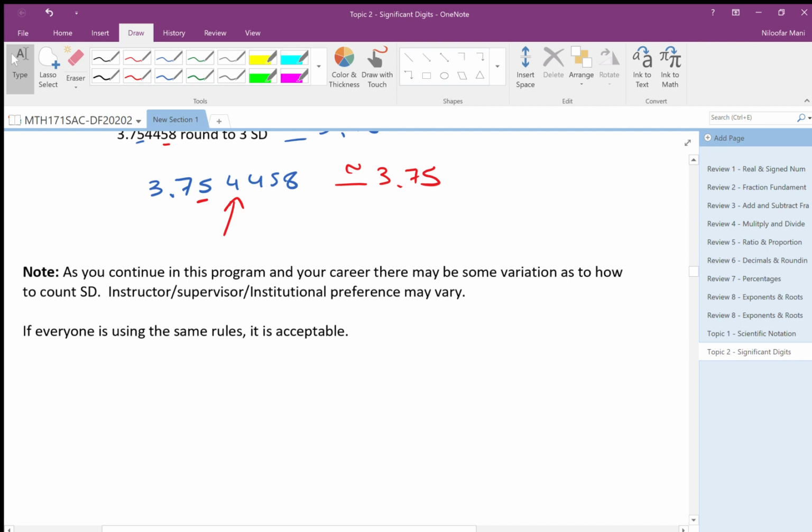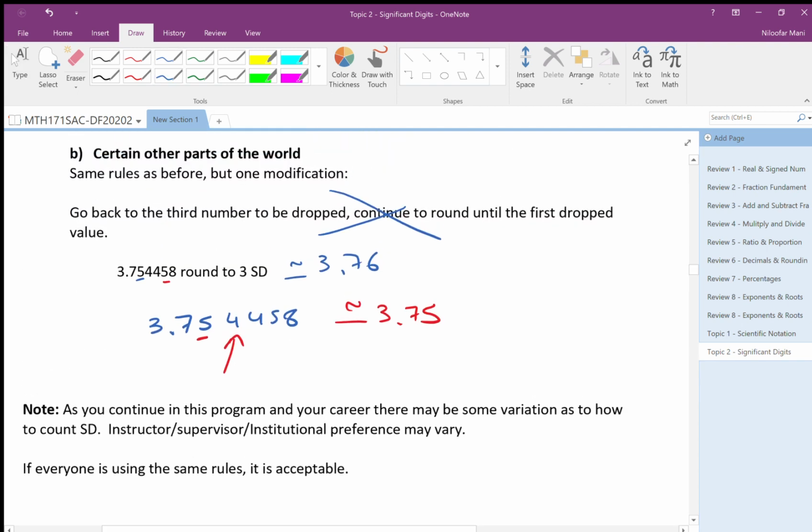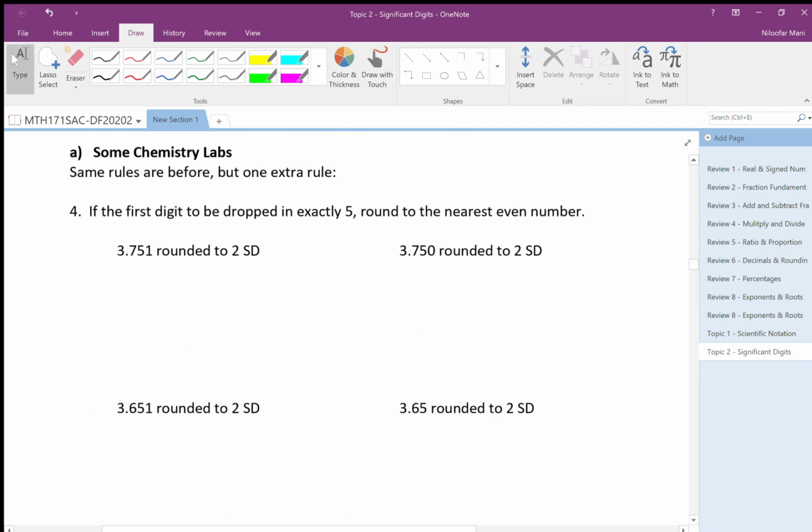But if everybody does the same thing, that's acceptable. For example, in the company that I'm working for, everybody rounds this way, so that's acceptable, because everybody is doing the same thing. In future your lab teacher, maybe your instructor for another course, may say no, you have to round this way, so you have to follow them. You may say, in my country we do this, or you may have other ways, for example if you see an even number or odd numbers.